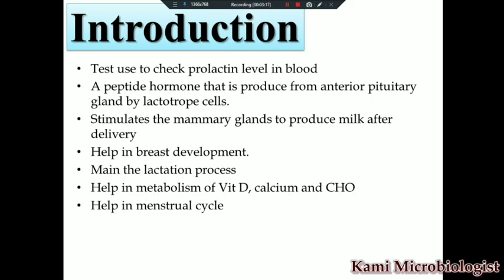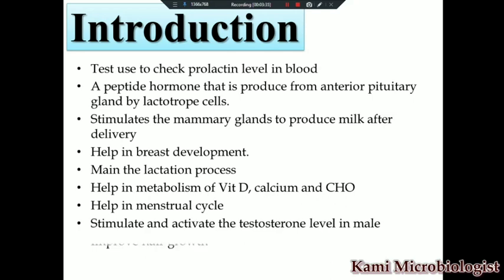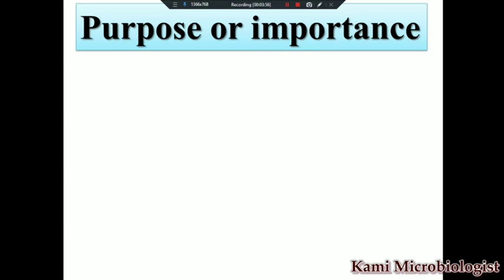Moreover, it can also help in the menstrual cycle in females, and it can also stimulate and activate the testosterone level in males. Although it is not essential for testosterone, somehow it can also improve the testosterone level in males. Moreover, it can also improve hair growth in the body. So this is the introduction to prolactin.